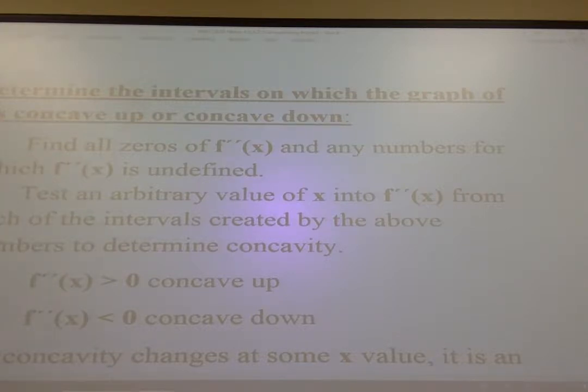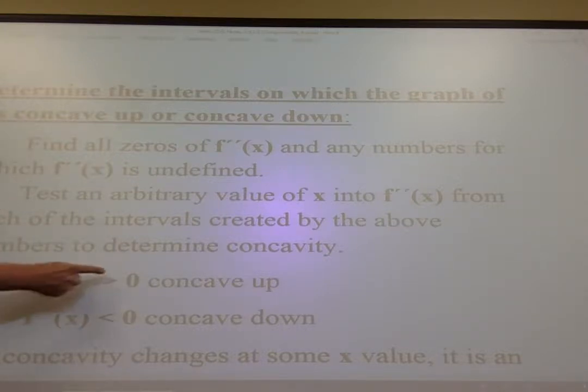Just like we did, remember when we would take the first derivative, find our critical numbers and split the x-axis into those intervals, and we would say, is it increasing or decreasing, positive or negative? I'm going to do the same type thing, but this time with the second derivative. Look what we're going to say. We're going to test an arbitrary value of x into the second derivative from each of those intervals we created, right, to determine the concavity.